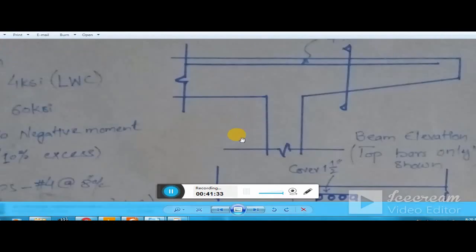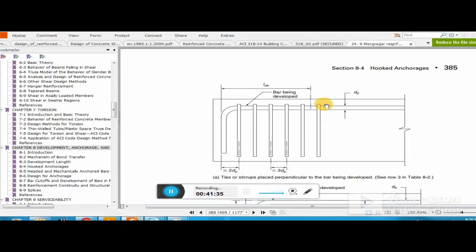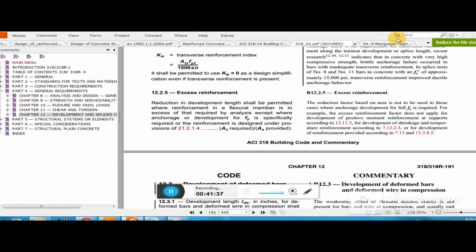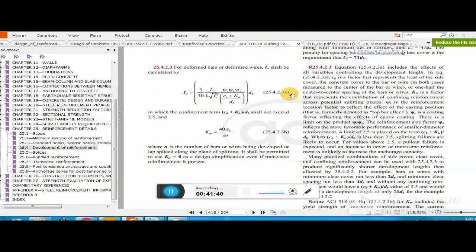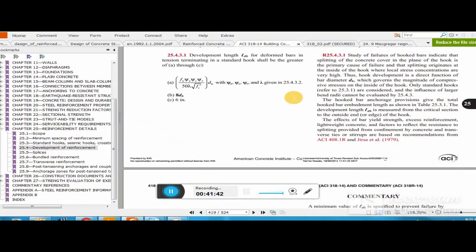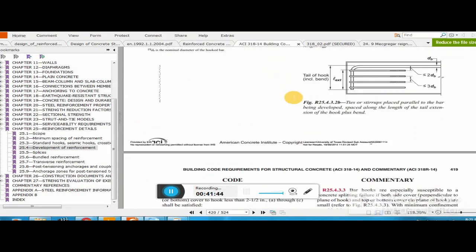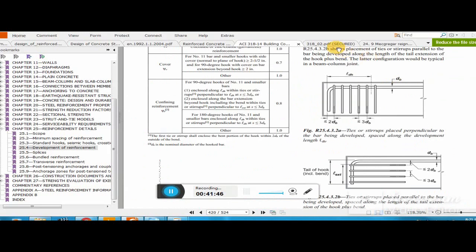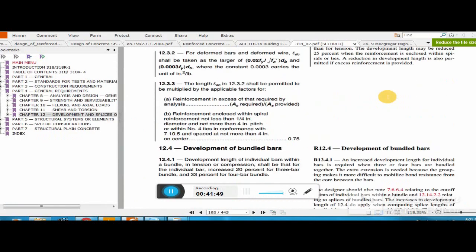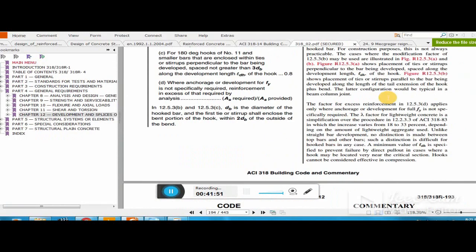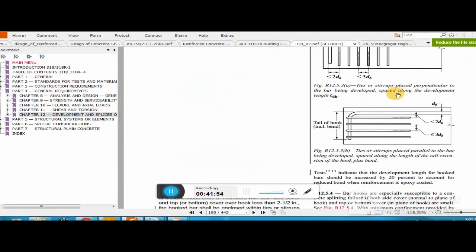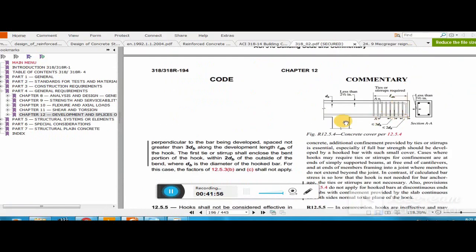Inshallah, in the next few lectures, if I get time, I will also do this kind of calculation, how it matters and how we calculate such spacing. These are the code limitations, and in the 2008 edition this limitation is also present. At the free end of the cantilever you have to calculate the Ldh and the hook. So these are the limitations.